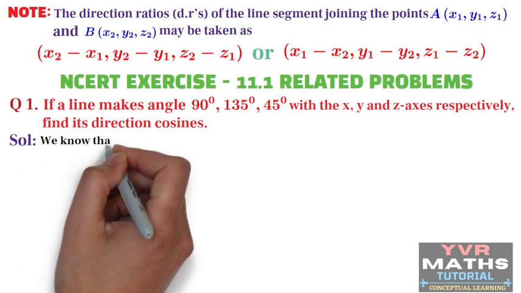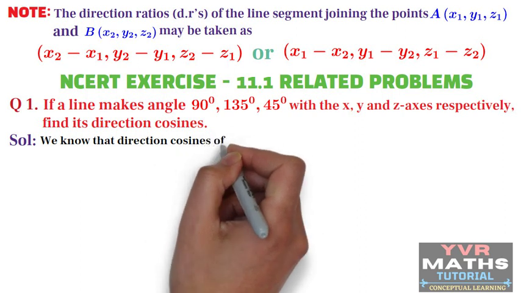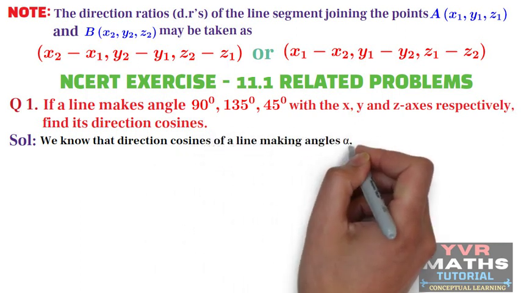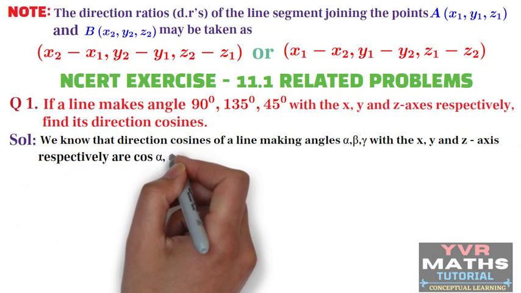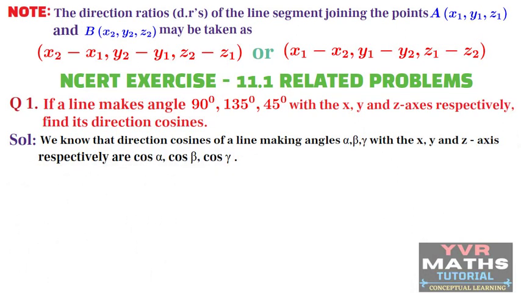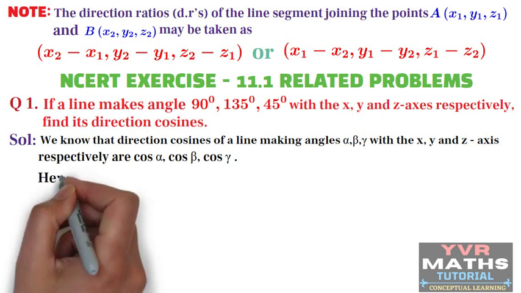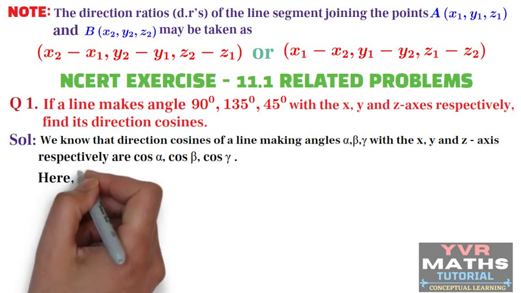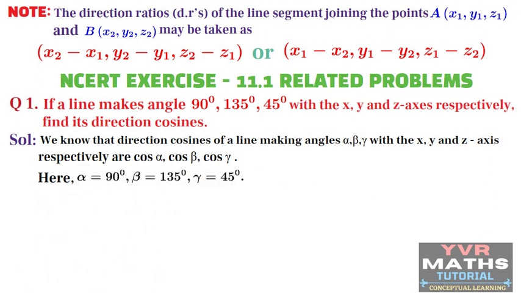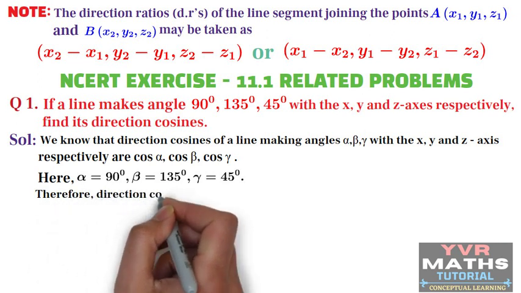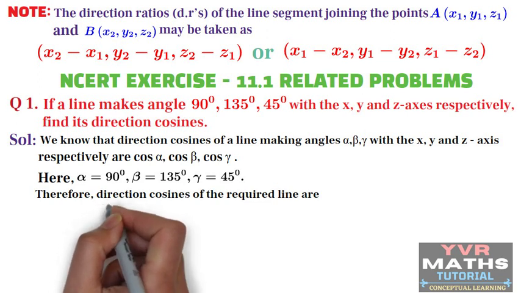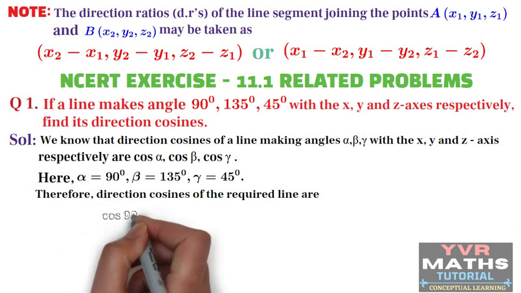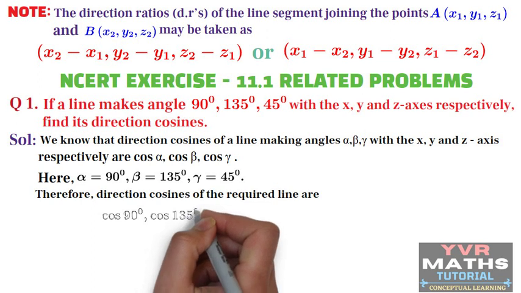According to the given question, the direction angles are alpha 90 degrees, beta 135 degrees and then gamma 45 degrees. Therefore, the direction cosines of the required line are cos 90 degrees, comma cos 135 degrees, comma cos 45 degrees.